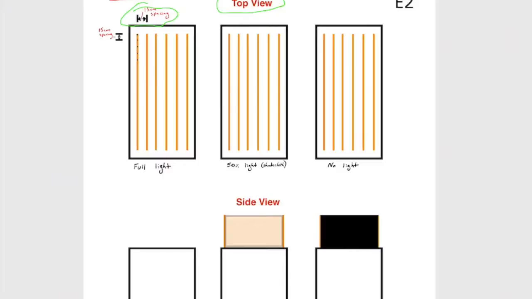And you also have 15 centimeters between plants as per the recommended density. So it shows the standardization between the 3 gardens, because you have the same conditions for each one. The side view shows what it actually looks like. So full light, there's no cover, 50% light is covered with shade cloth, and then no light is covered with black plastic. And so obviously no light gets through.